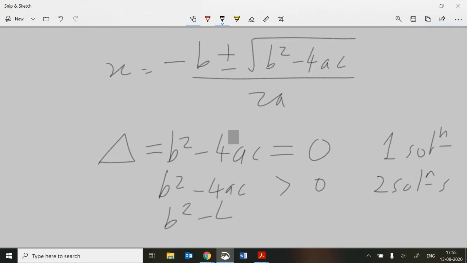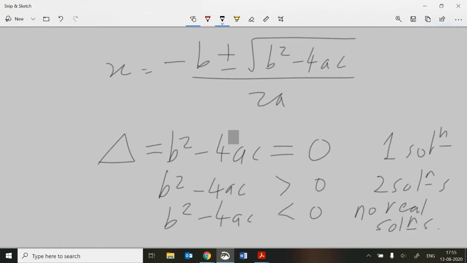If it's negative, we have a real issue in terms of real solutions, because we can't take the square root of a negative number. So we have no real solutions.